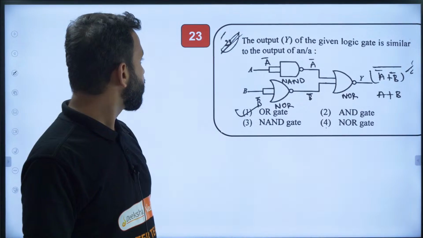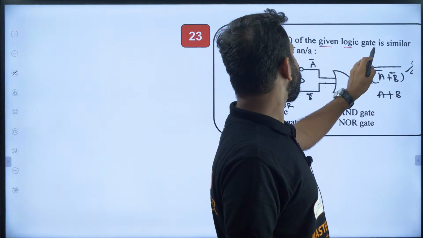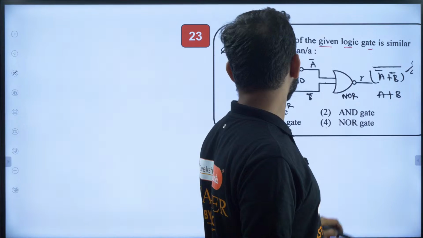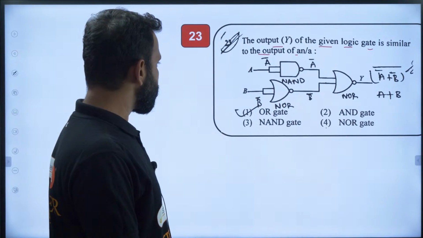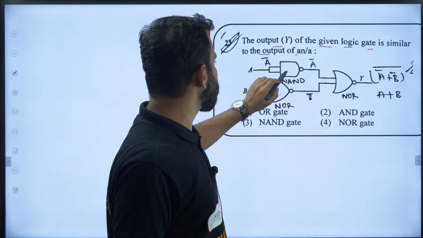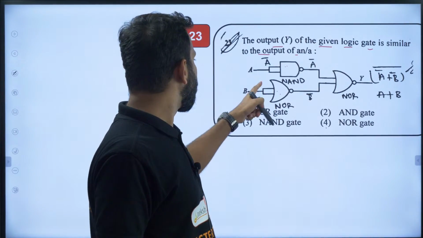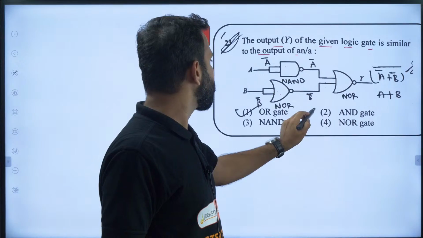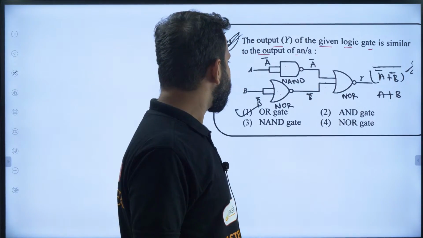Question number 23. The output Y of the given logic gate is similar to the output of AND or A. So this one is NAND gate and this one is NOR gate, right? Input is only one, so this is A bar and A bar. Now this is again the NOR gate, right?